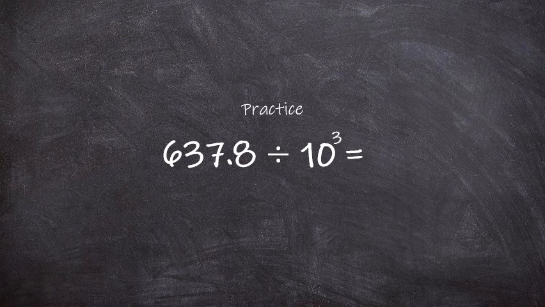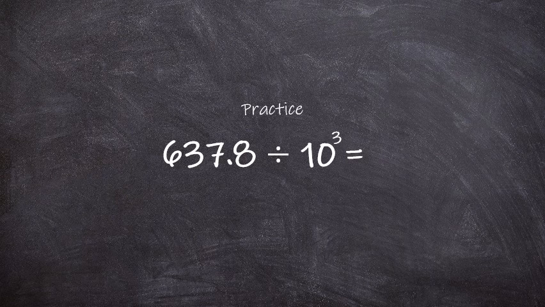Okay, let's do one more question. What is 637 and 8/10 divided by 10 to the third power? Remember, if you're dividing a decimal by a power of 10, you move the decimal however many places to the left as described by your exponent. Do you have it? Great.